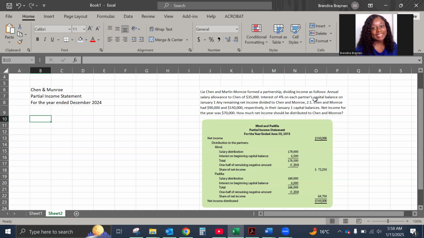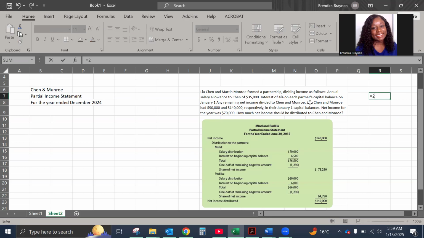If you're not sure about how ratios work, 2 to 1 just means that if I add the two numbers together, 2 plus 1 is 3. So Chen is going to get 2 over 3, 2 divided by 3. His or her percentage is going to be 67%.